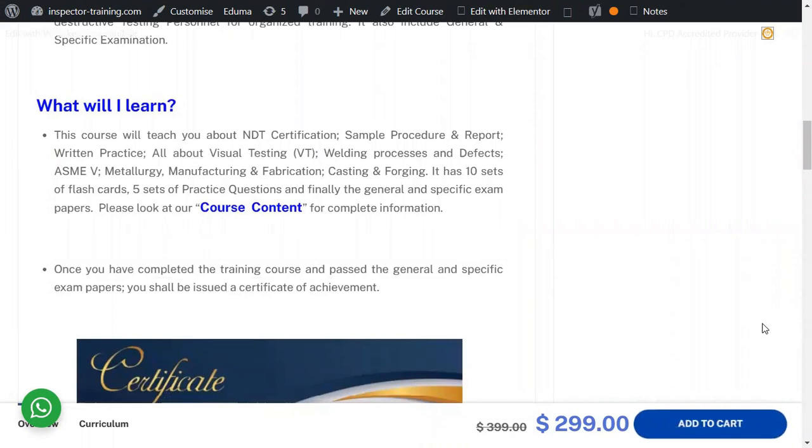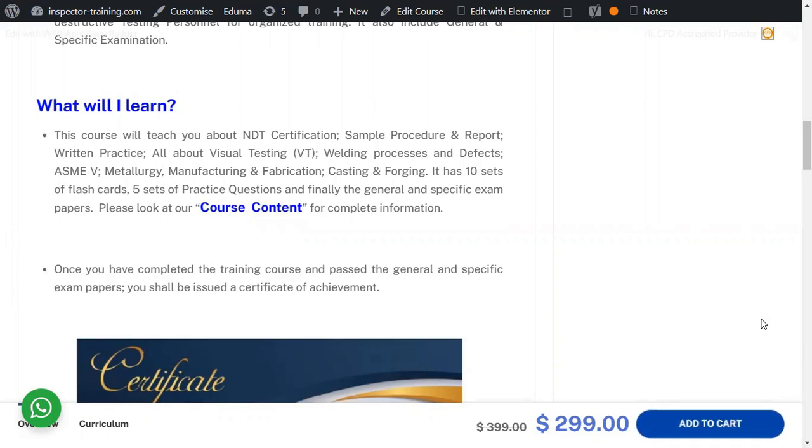You shall learn about NDT certification, sample procedure and report, written practice, all about visual testing (VT), welding processes and defects, ASME Section V, Article 1 general requirements, and Article 9 VT, metallurgy, manufacturing and fabrication, casting, and forging. This course has 10 sets of flashcards, 5 sets of practice questions, and finally, the general and the specific exam papers.